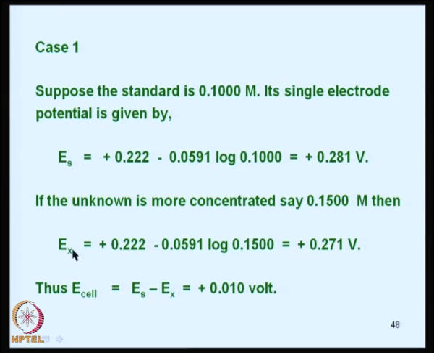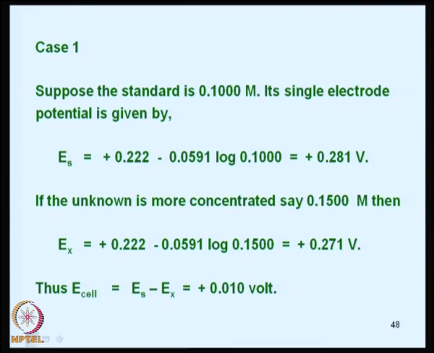Then E x unknown I can write like this: 0.222 volts minus 0.0591 volt, the same equation rewritten, and log of, instead of 0.100, 0.1500.